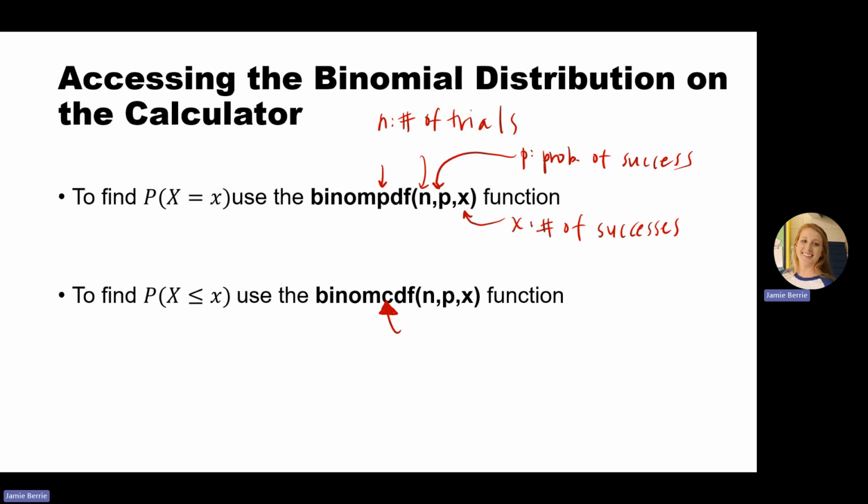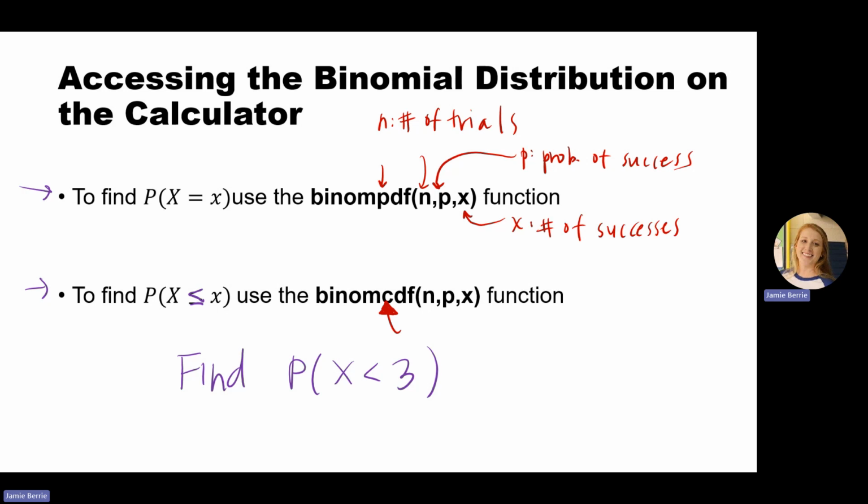Now, there's one additional thing that I've sort of glossed over here that I do want to take a second and talk about. Notice that this is a less than or equal to. There's no option for anything else. There's only the option for an equal to problem or a less than or equal to problem. So if you are asked something like, find the probability that the dog catches the frisbee less than 3 times, then you have to adjust this because you've got to make it match one of these two formats.